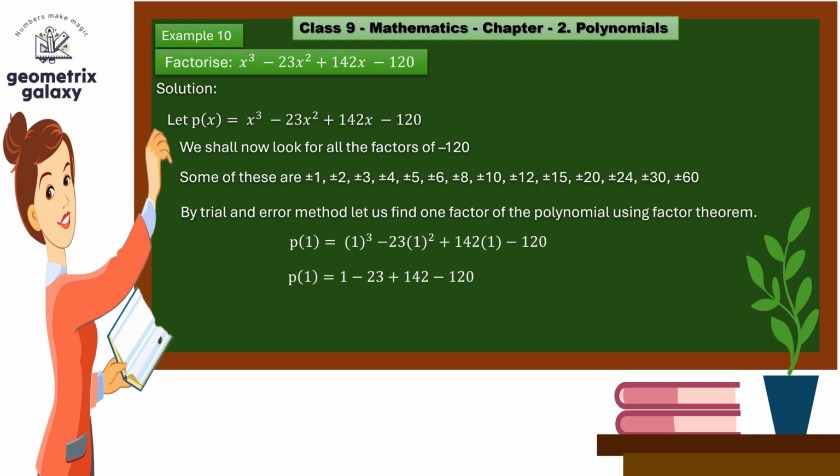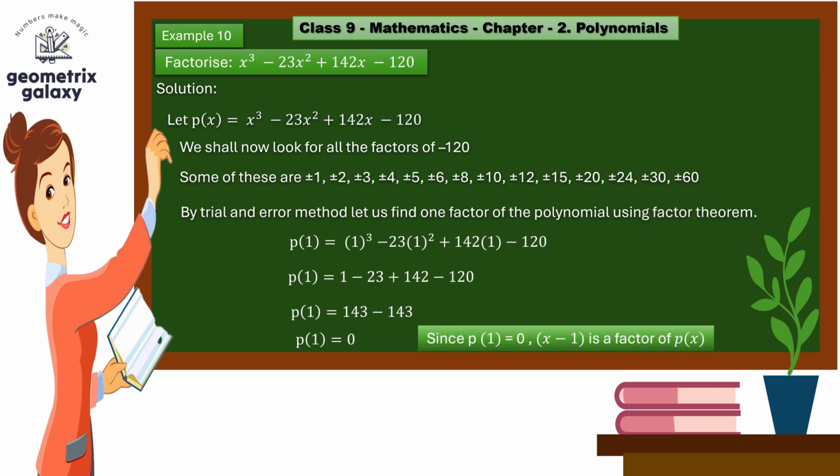If I add all the positive numbers and the negative numbers separately, I get plus 143 minus 143. Therefore, the value of p of 1 is equal to 0. Hence, we can come to the conclusion that if p of 1 is equal to 0, then x minus 1 is a factor of p of x according to our factor theorem.